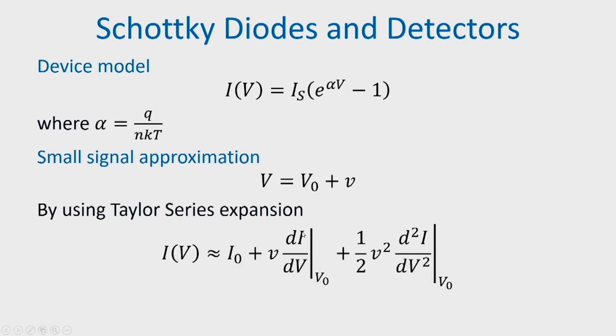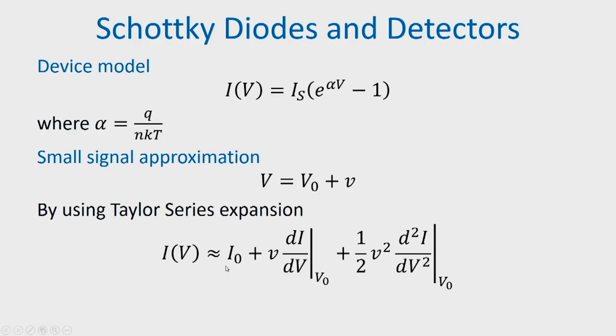So, once this expansion is carried out, I v can be written as I naught. I naught is the current when V equal to V naught plus small v di dv at V equal to V naught plus half small v square d square I dv square at V equal to V naught.